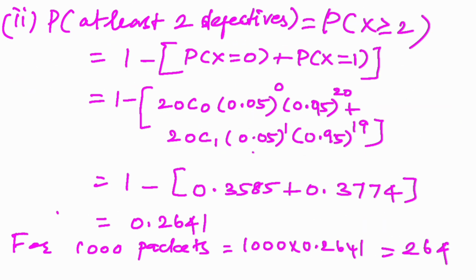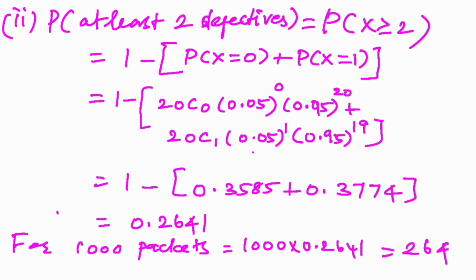Now case number 2 is the at least 2 defective case, that is probability of X greater than or equal to 2. This means from 2, the defectives may be 3, 4, etc. up to 20 defectives. But it is tough to calculate every one and add. So we take the complementary part, that is the 0 defective case and 1 defective case.